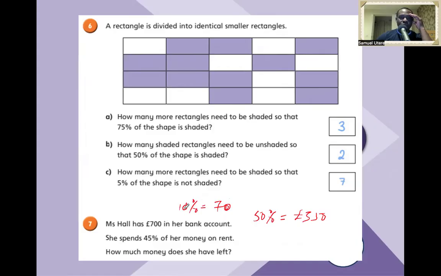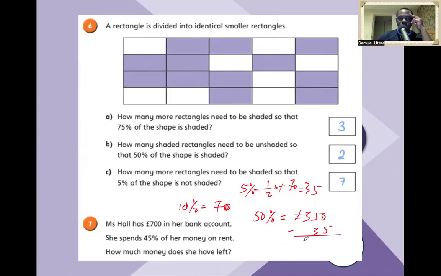And then half of 70 will be 5%. Half of 10 is 5, so 5% is half of 70, which is 35. So 45% will be 350 minus 35.